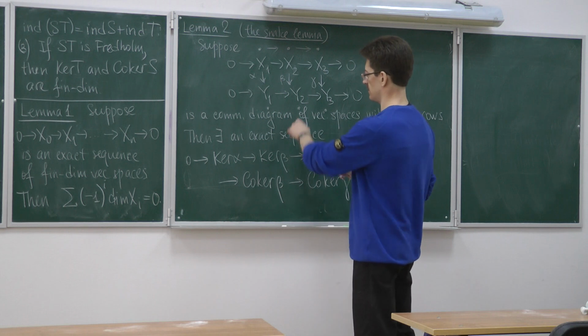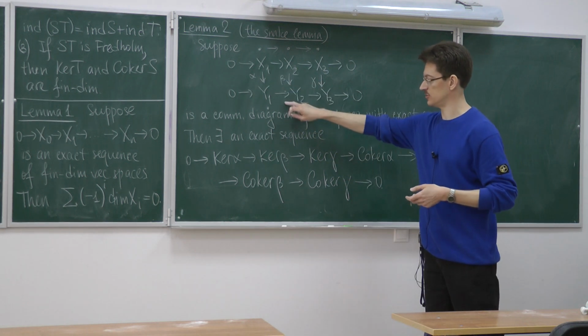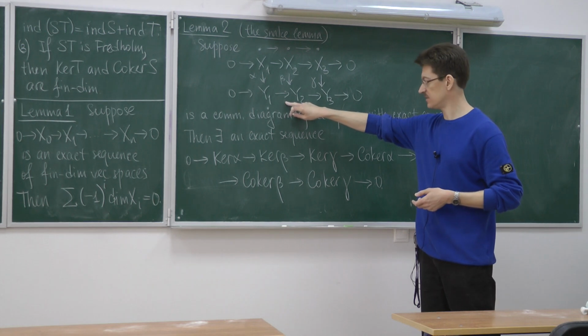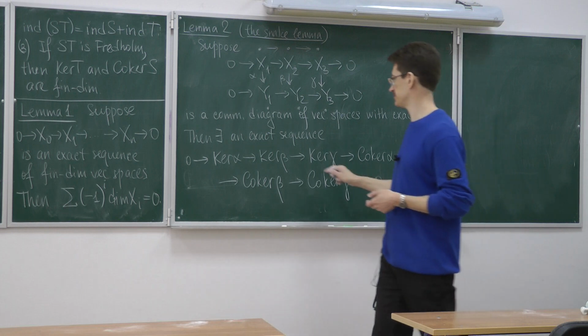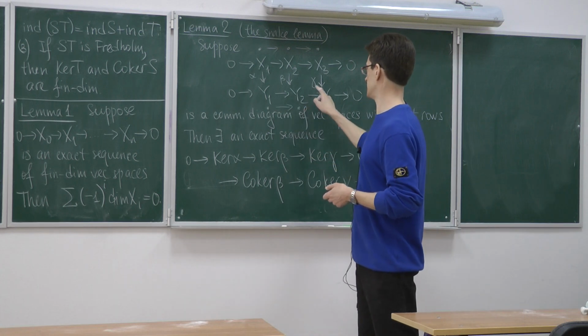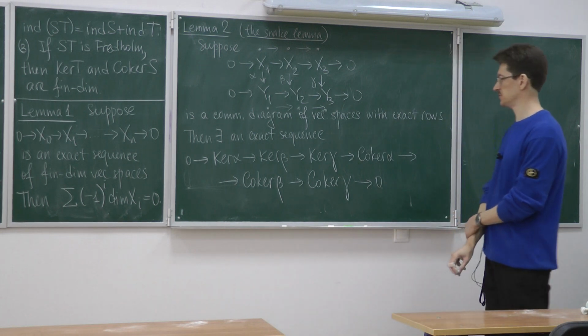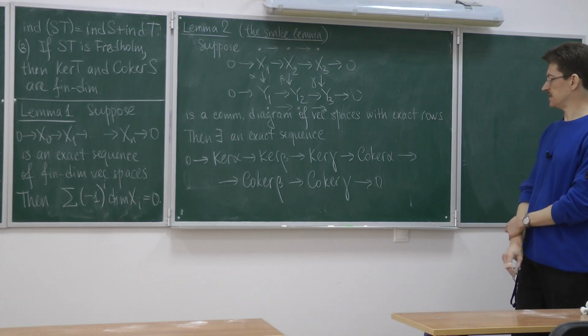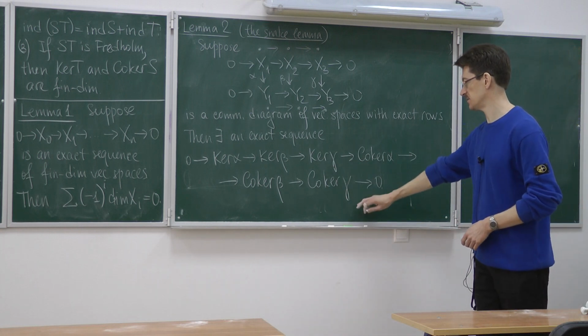Also, because this diagram is commutative, it's easy to see that this arrow induces a well-defined map from the co-kernel of alpha to the co-kernel of beta. And similarly, this map induces a map from the co-kernel of beta to the co-kernel of gamma. The only map which is not obvious in this exact sequence is this one.